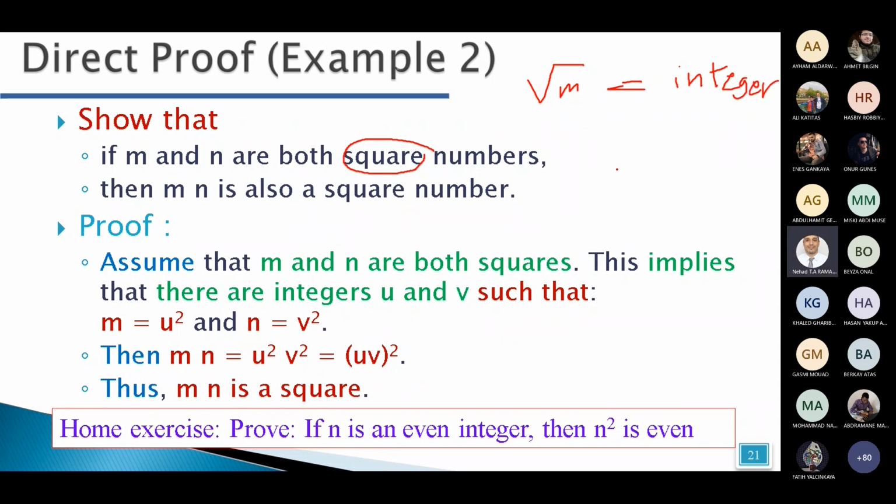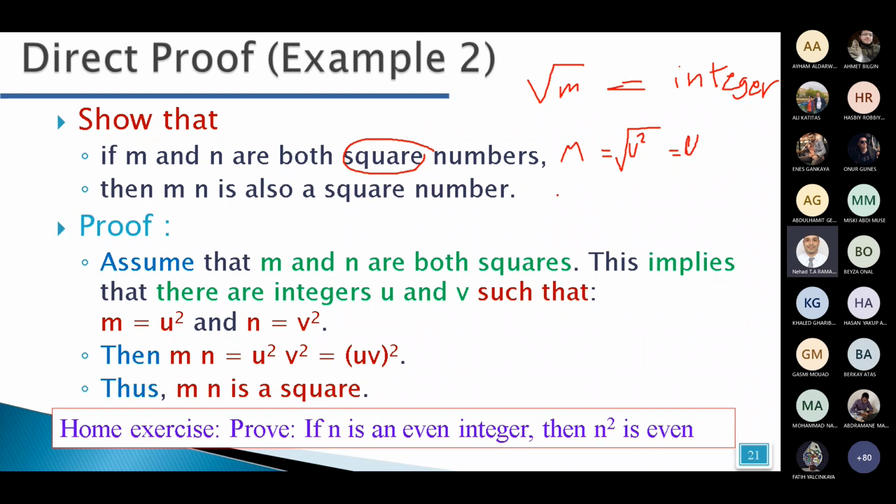This is the meaning of a square number. And this means that m is actually equivalent to some number u to the power 2. So when we take the root of it, we get the integer value u.